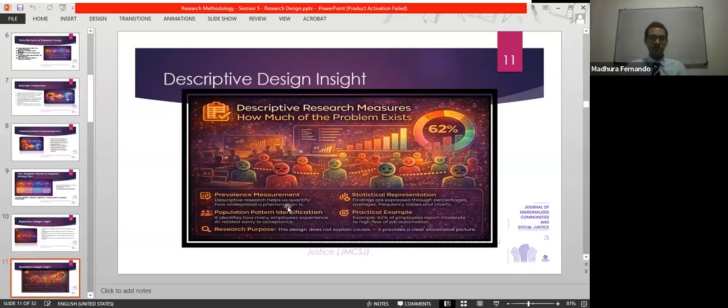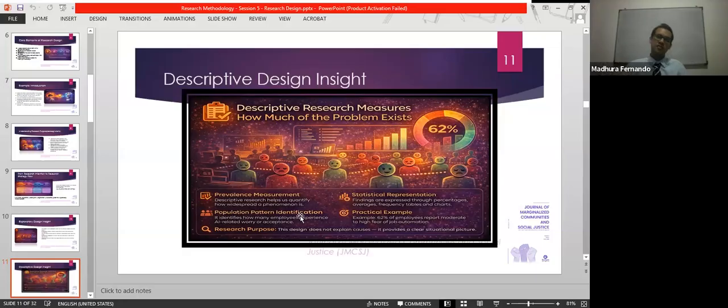Descriptive research helps us quantify how widespread a phenomenon is. Using descriptive research, you can define some questions, you can define some variables, and based on those variables, you can have some indicators. For each variable, you can have a few indicators. Those indicators derive the questions in the questionnaire, not the research questions, the questions in the questionnaire.